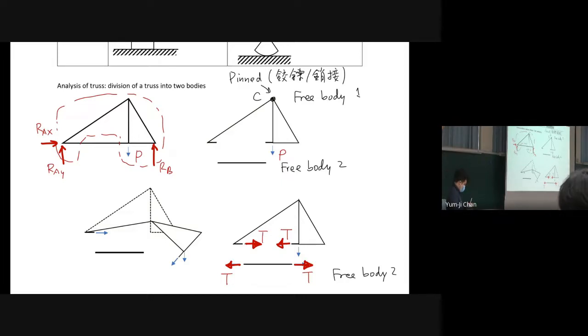Because free body 2 is actually structure AD, we mark this tension as TAD.